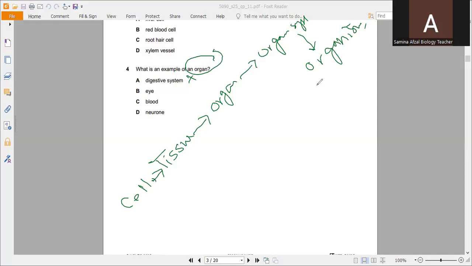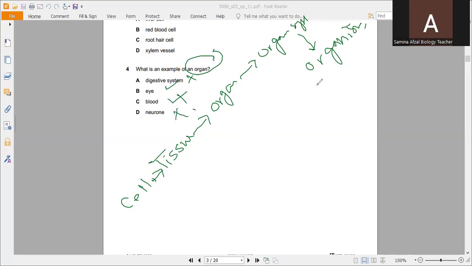Then eye. Eye is an organ, because the eye will make up an organ system, and blood is a tissue, so that is not a correct option. Neuron is a cell.